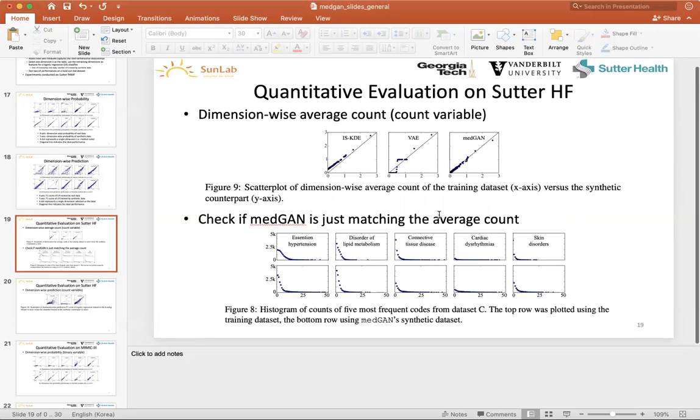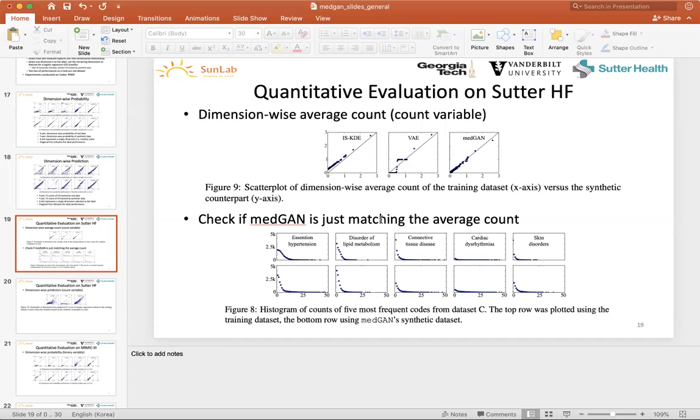And of course, when you're generating count data, you can draw a histogram per feature, showing how many times they occur in the real data set. So we can take specific diagnosis codes, like essential hypertension, disorder of lipid metabolism, connective tissue disease, skin disorder, cardiac dysrhythmia.